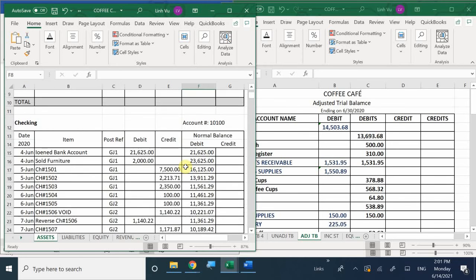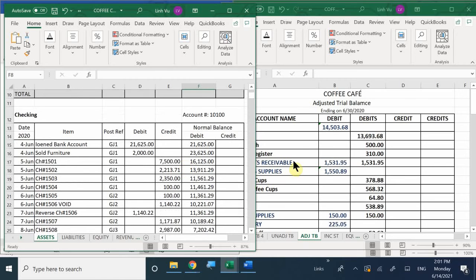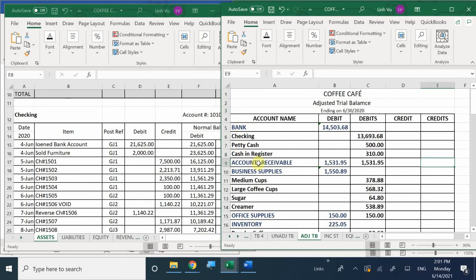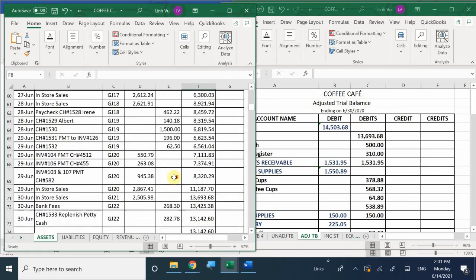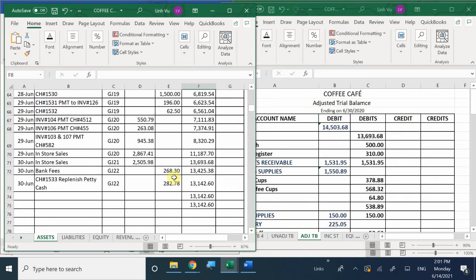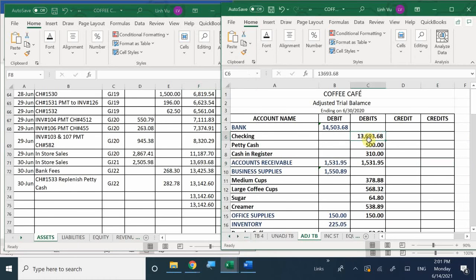Which consists of our checking, our petty cash, and our cash in the register. In this case, I think the amount in my checking account has changed, right? Yes, it's the only one that changed. Perfect. So it changed to 13,142.60, which should bring your bank balance to 13,952.60.